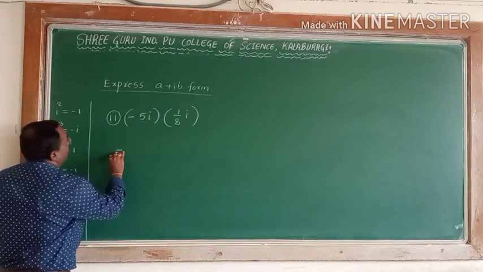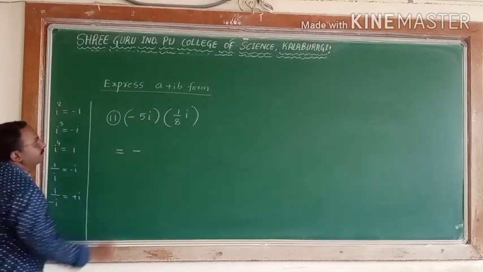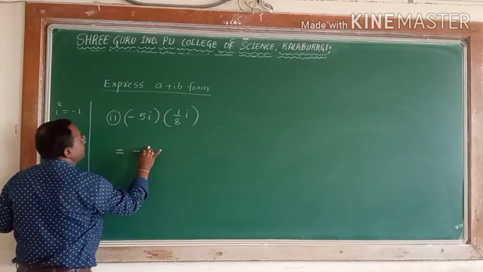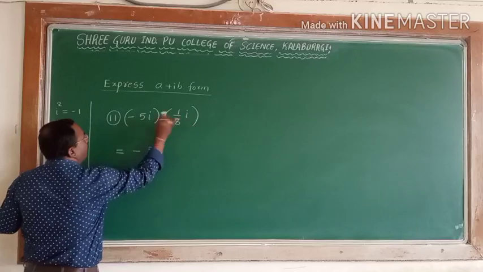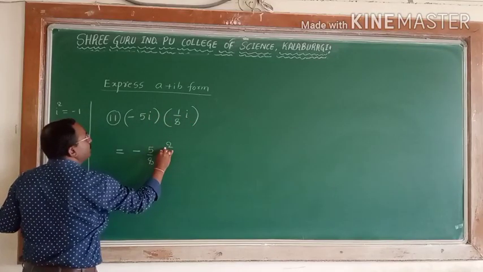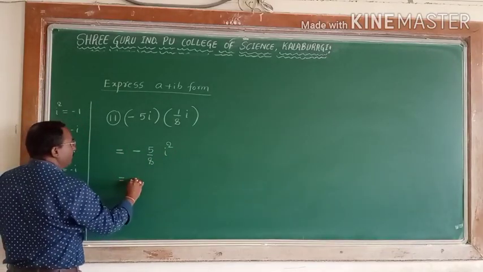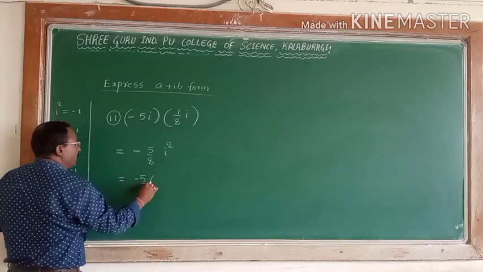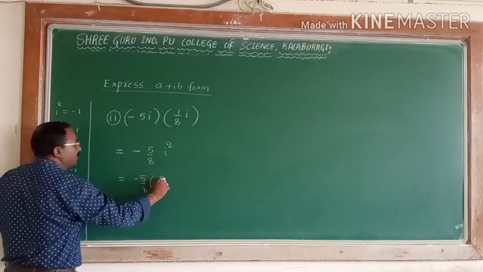Is equal to negative as it is, 5 by 8 as it is, 1 into i into i square, is equal to 5 by 8. i square value is what? Minus 1.